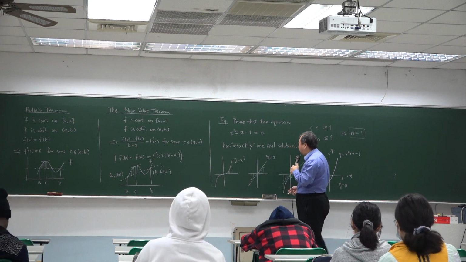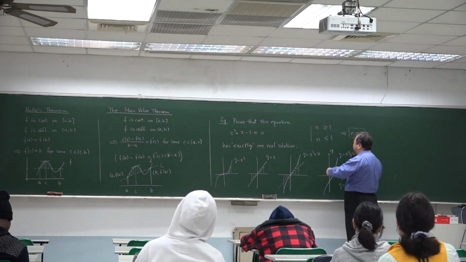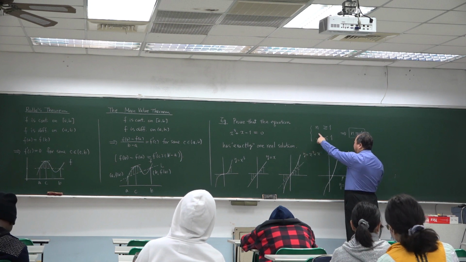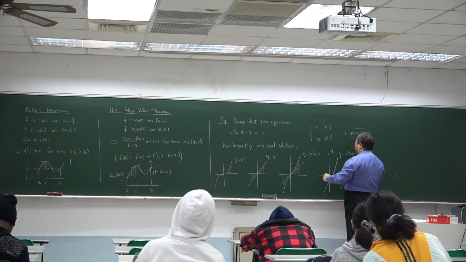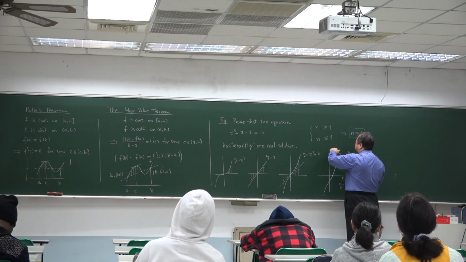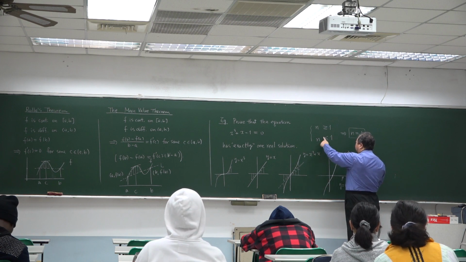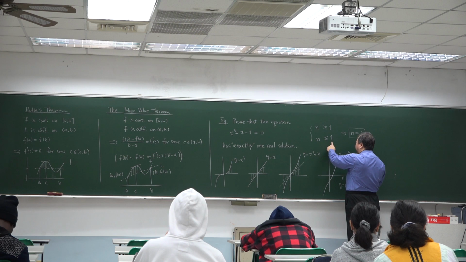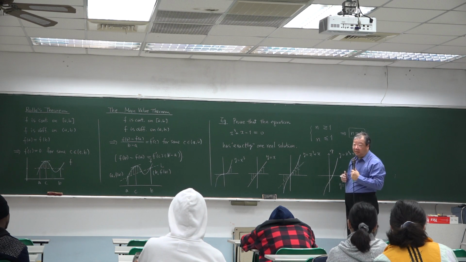So to show the number of real solutions of this equation is exactly 1, we can prove this by showing the number of real solutions n is at least 1, meaning n is greater than or equal to 1, and at most 1, meaning n is less than or equal to 1. Because by trichotomy, if n is greater than 1, then n cannot be less than 1 or equal to 1. If n is less than 1, by trichotomy, the other two cannot happen.